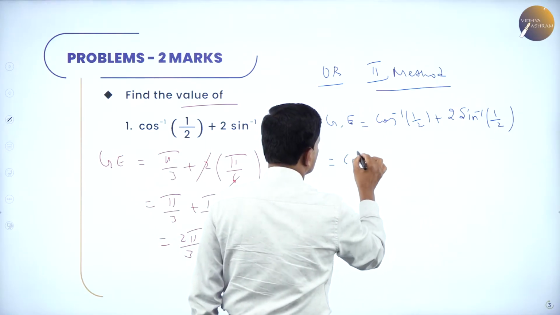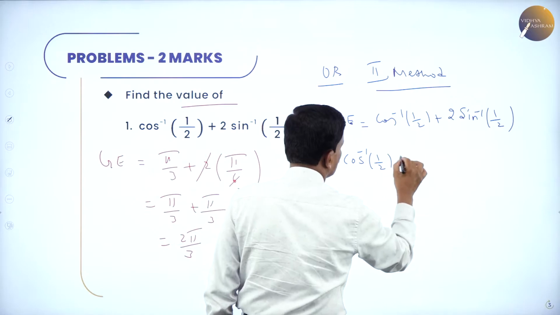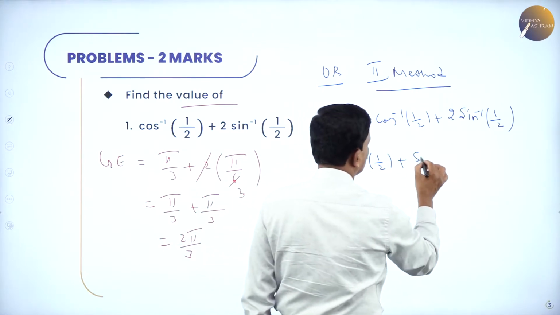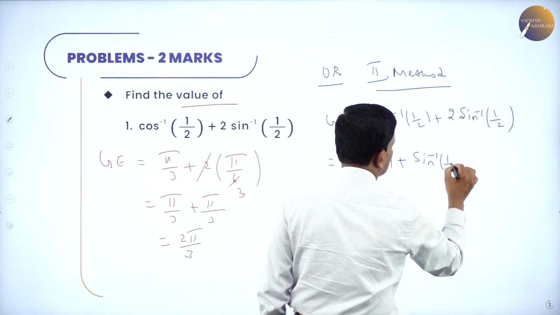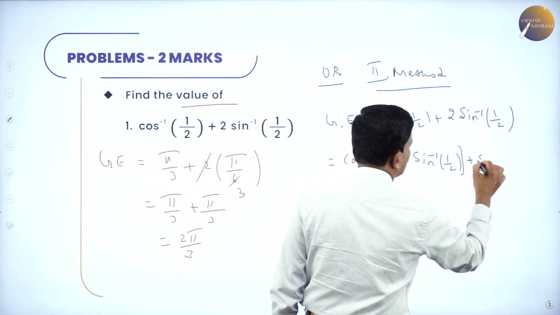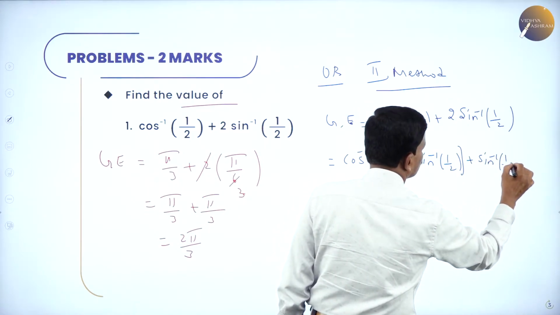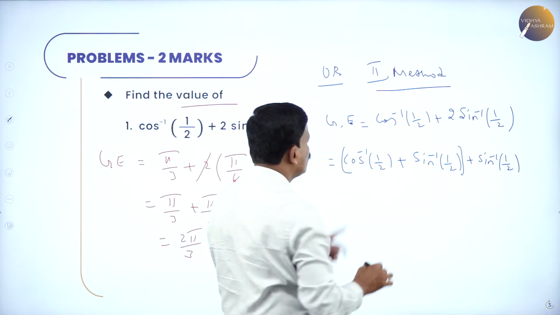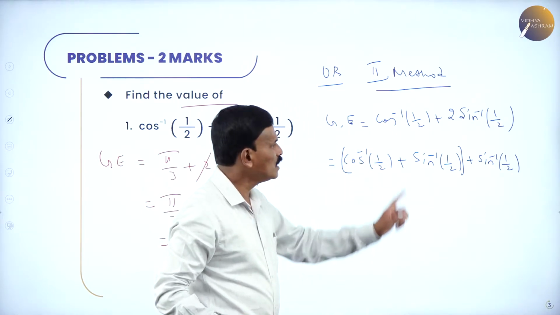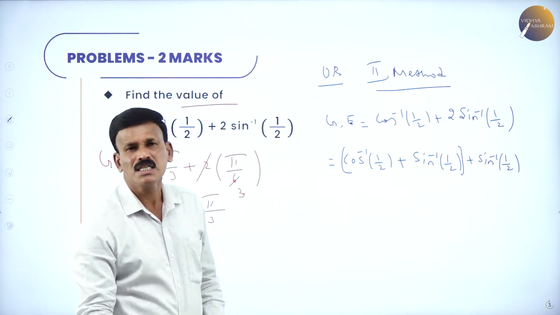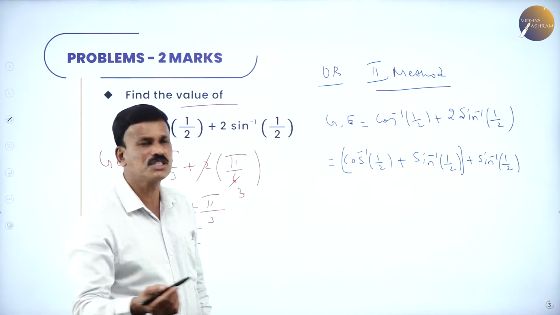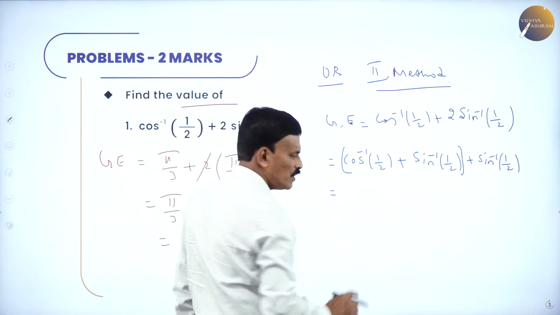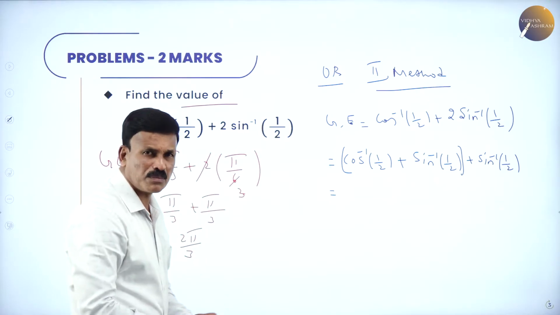Cos inverse 1 by 2 as it is, plus 2 sine inverse can be written as sine inverse of 1 by 2 plus again sine inverse of 1 by 2. Now I will use one formula, so I will give the proof for that also.